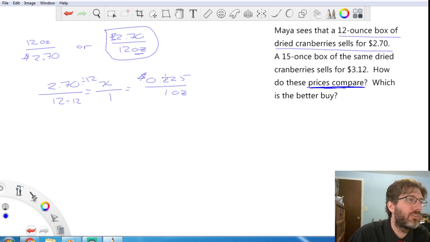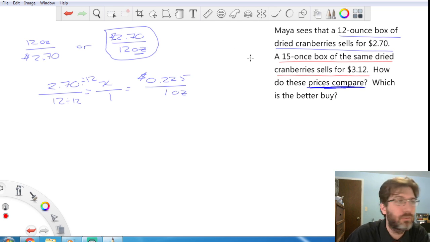So here is the price per ounce for your dried cranberries if you bought the 12-ounce box. So we can remember blue as being 12 ounce, and we'll do the other one in red, and then we'll compare. So red, we're looking at a 15-ounce box, same dried cranberries, selling for $3.12.